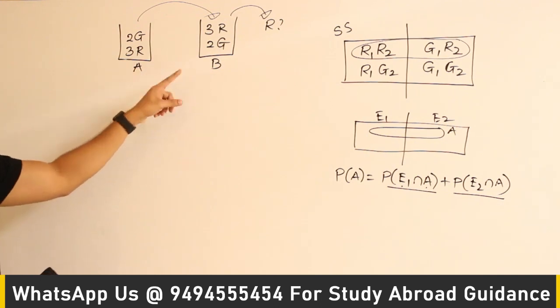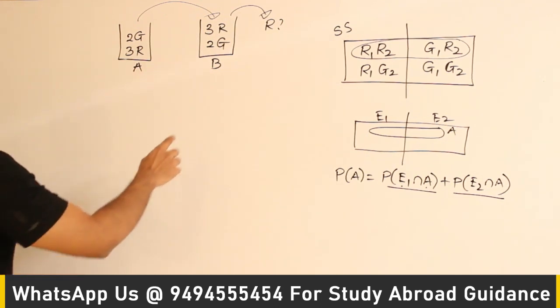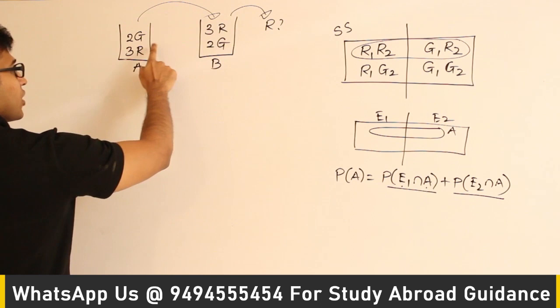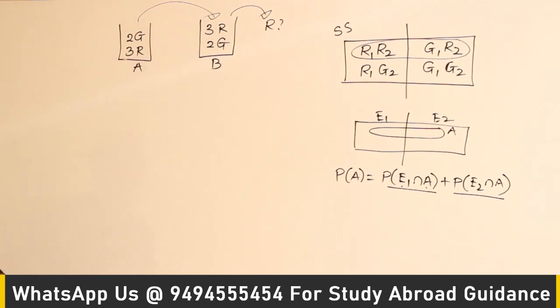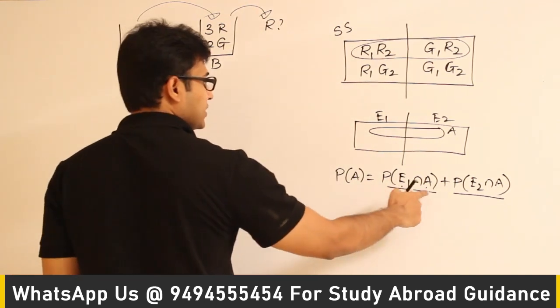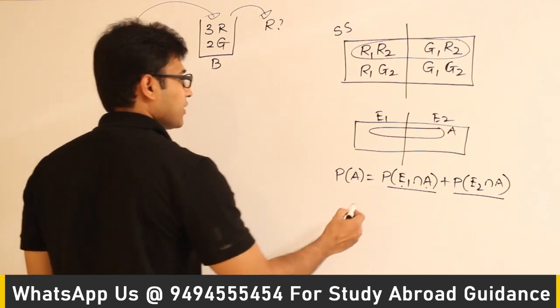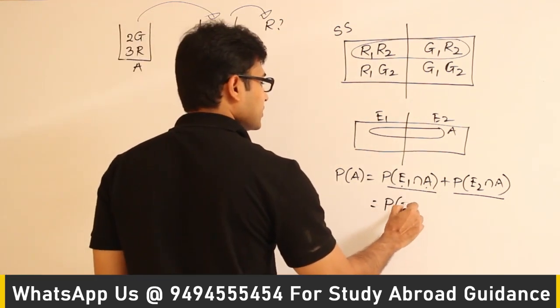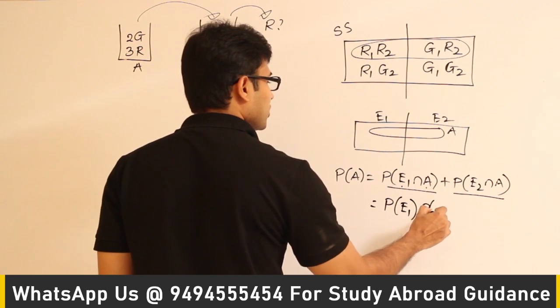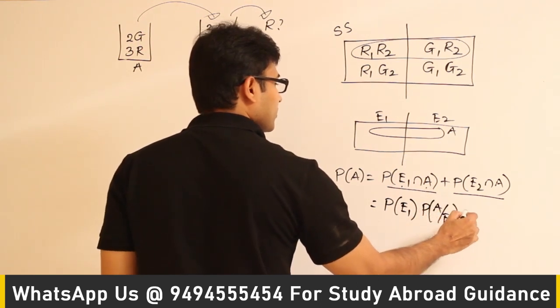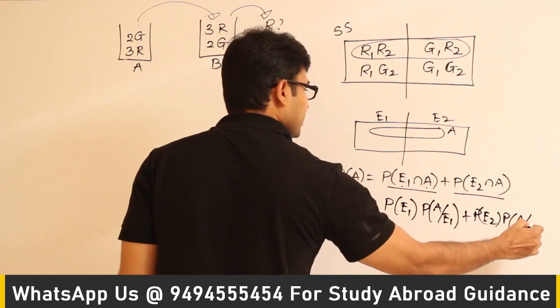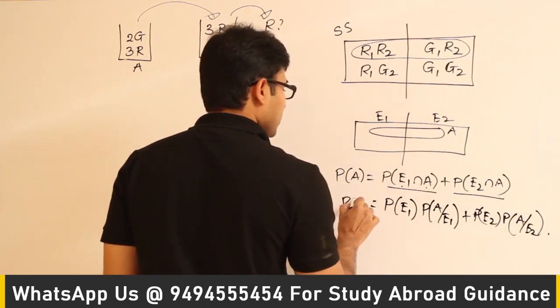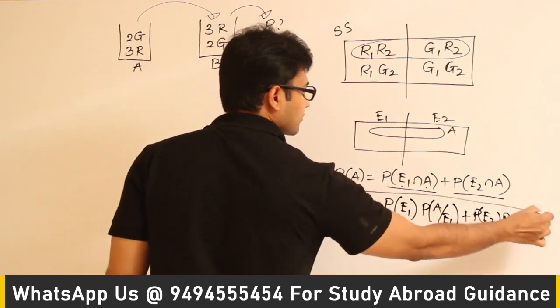Therefore these two events are dependent, which means the probability of getting a red ball here depends on which ball we have drawn from bag A. So we should use conditional probability, right? Which means we should use the formula like this: probability of E1 into probability of A given E1 plus probability of E2 into probability of A given E2. Got it? So this is how I am going to get the total probability here, right?